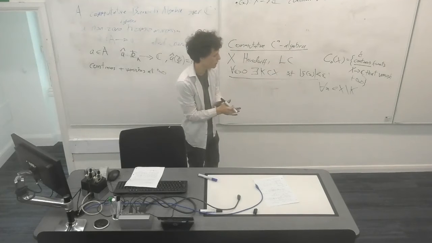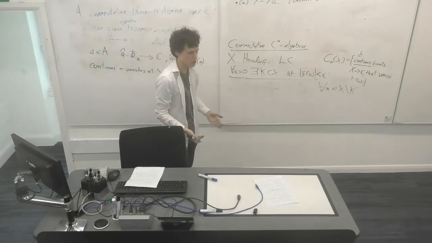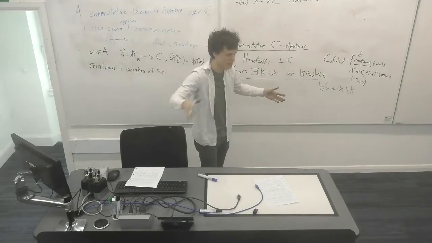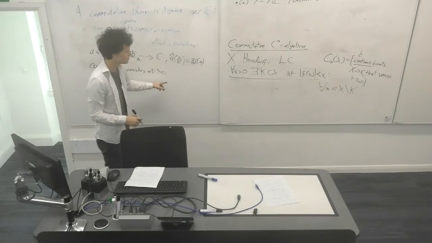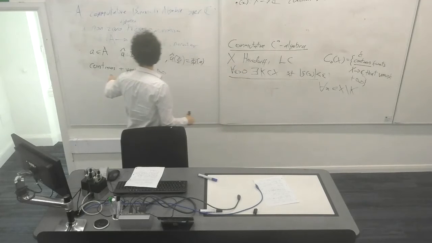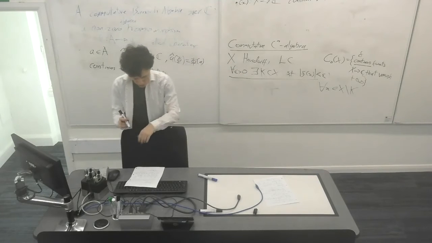Of course, the smallest topology would be trivial, then you've got the maximal topology, and somewhere between is the weakest topology. And under that topology, this vanishes at infinity.